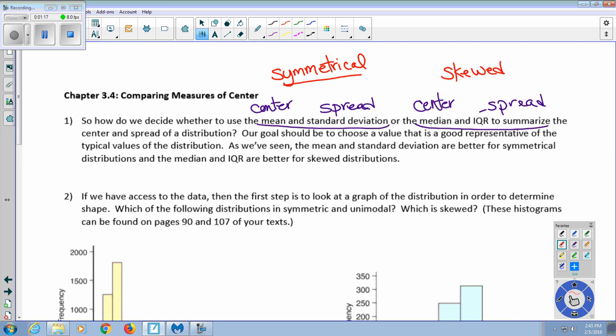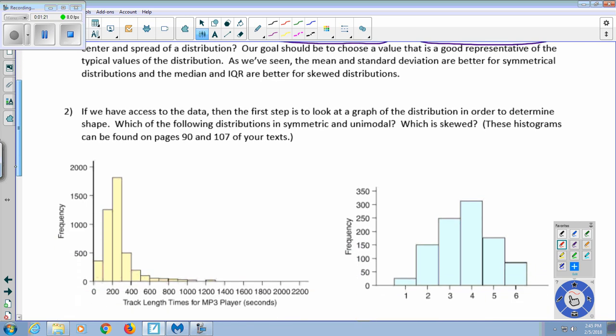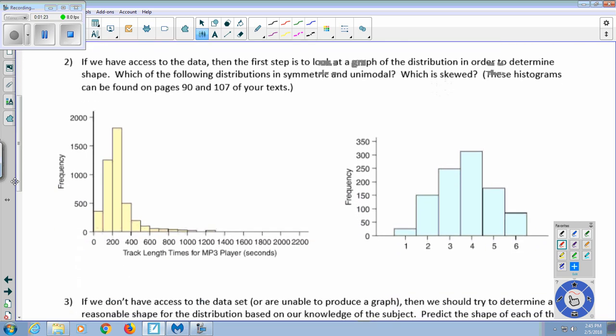If we have access to data, then the first step is to look at a graph of the distribution in order to determine the shape. Which of the following distributions is symmetric and unimodal, and which is skewed? So these are from your textbook. Over here, this one looks to be a little bit more symmetric.